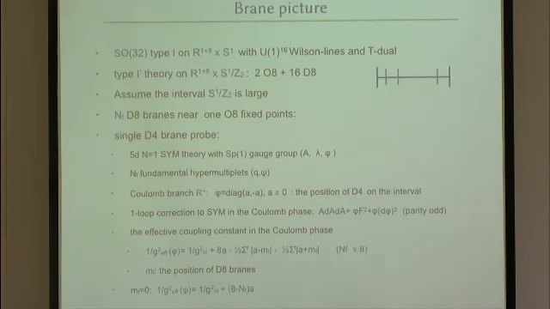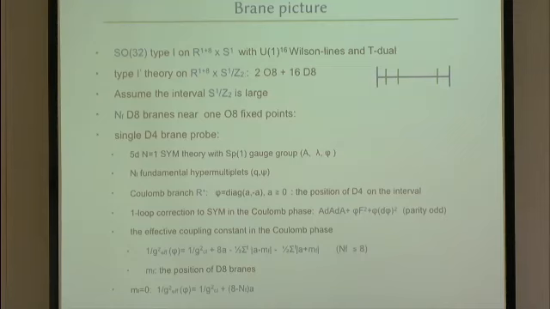conjecture on this 5D superconformal field theory. One can produce it from a brane picture: start with SO(32) type I open string theory, compactify on a circle, and then T-dualize. Then the O9 brane becomes two O8 branes, and because your gauge group is SO(32), you have 16 D8 branes between these intervals.